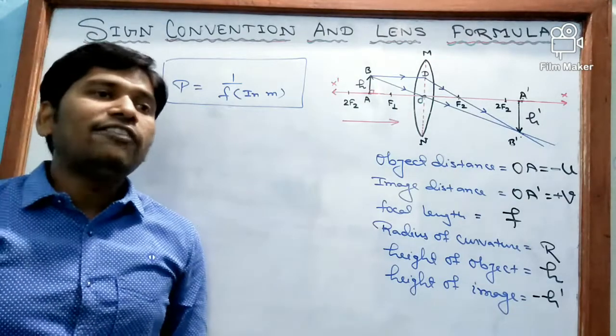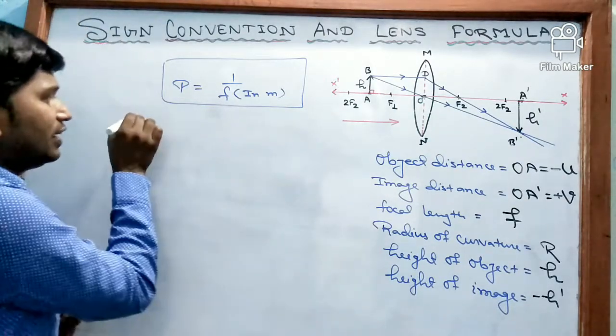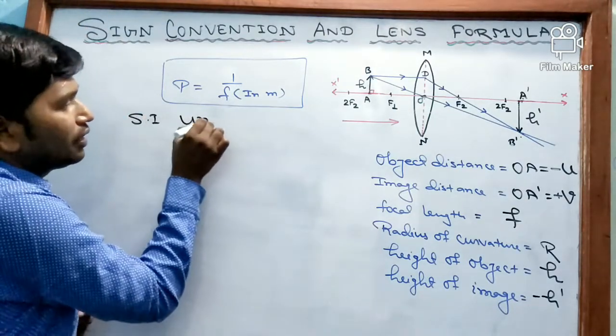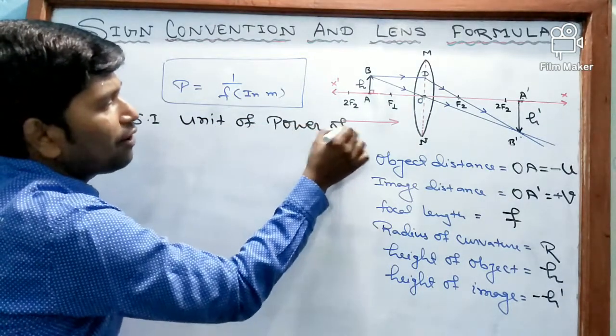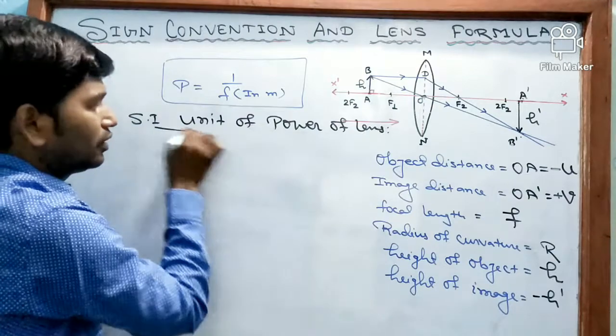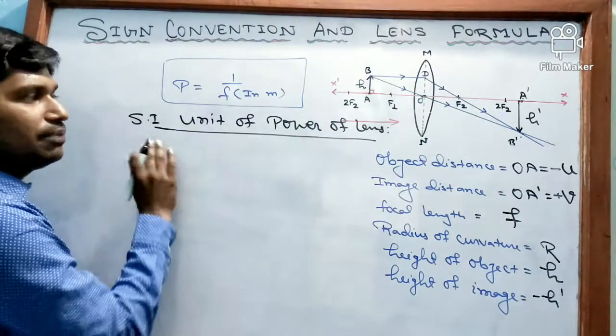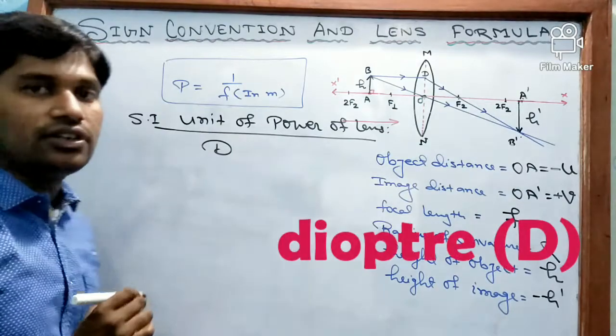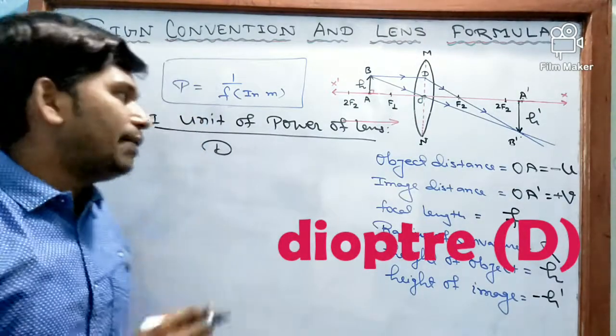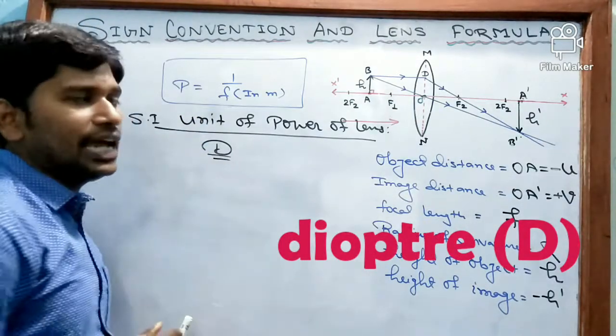The SI unit of power of lens is the diopter, denoted by D. So what is 1 diopter?